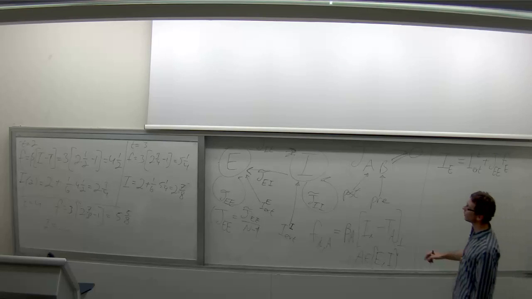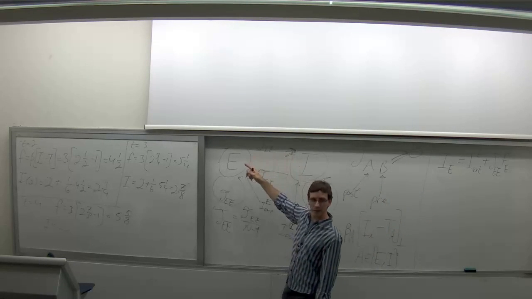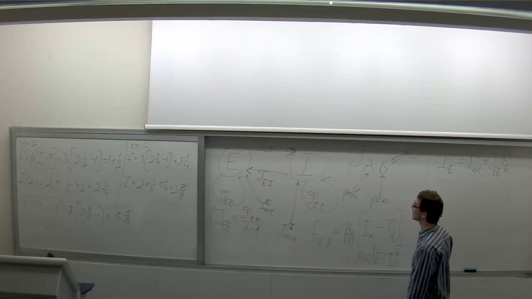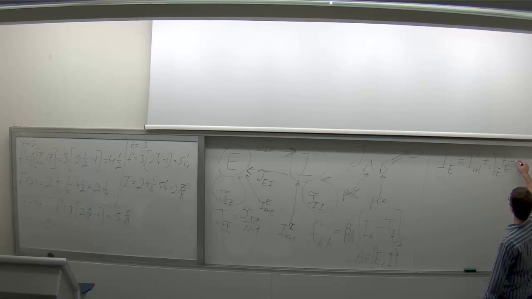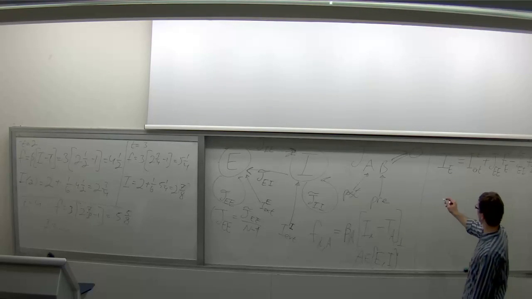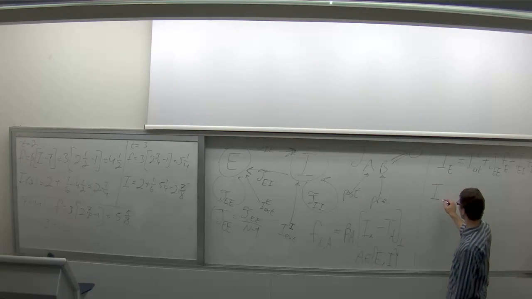And what does a neuron here get from his inhibitory counterparts? Minus J_EI tilde multiplied by the activity of the inhibitory population. And what is going to be I_I?